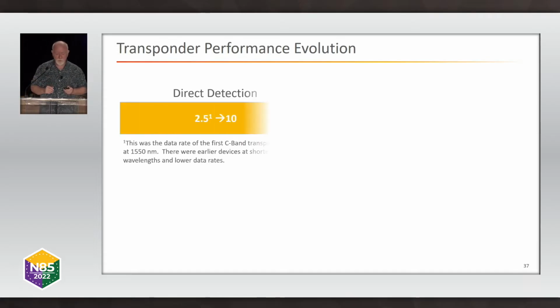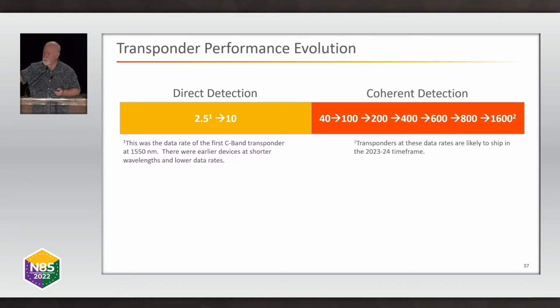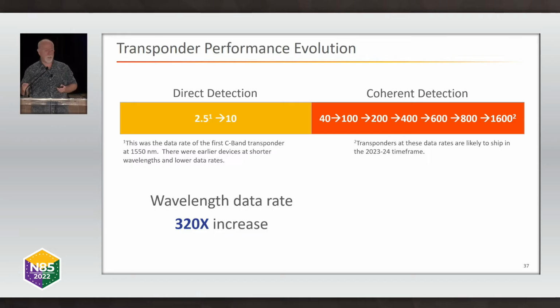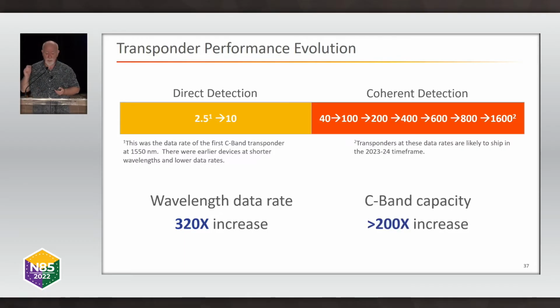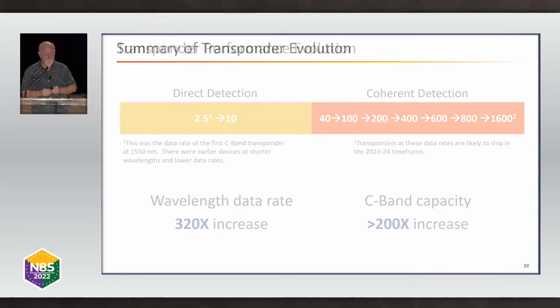And the transponder performance evolution has really carried us through from direct detect right through to the coherent detection generations. And the wavelength data rate increase I calculated is a 320 times increase, and the C-band capacity increase is somewhere over 200 times increase. So we've done well over the last few years.